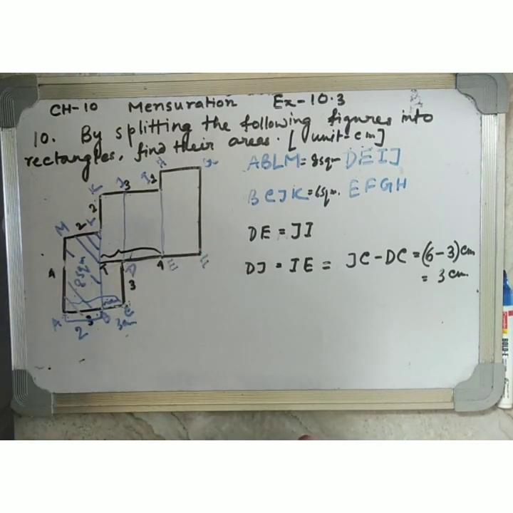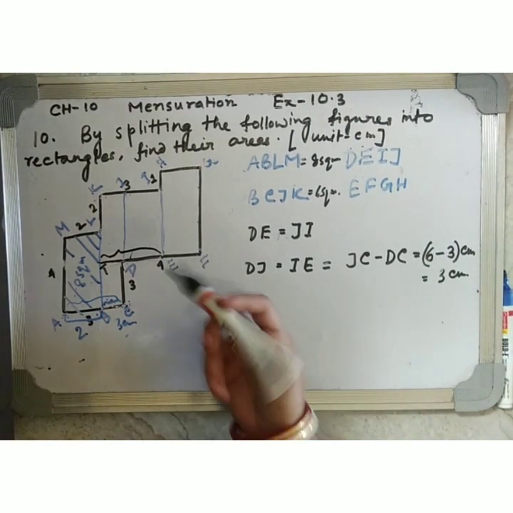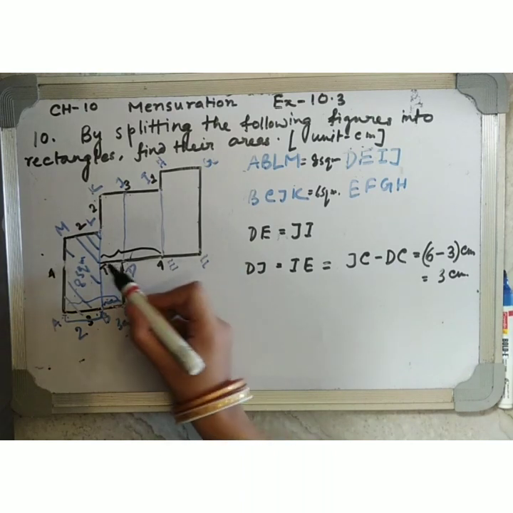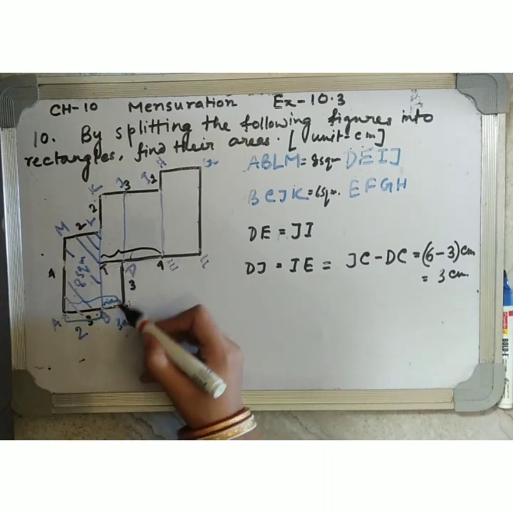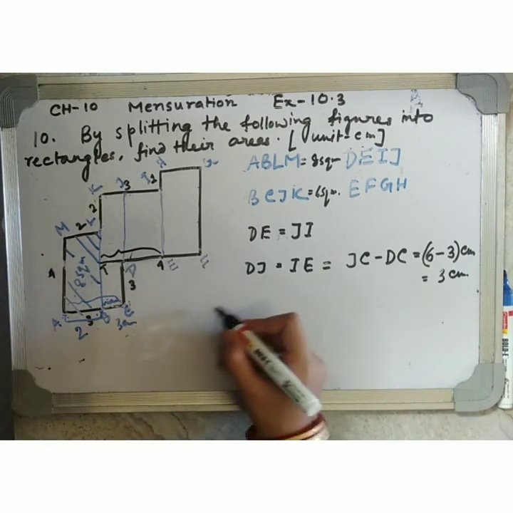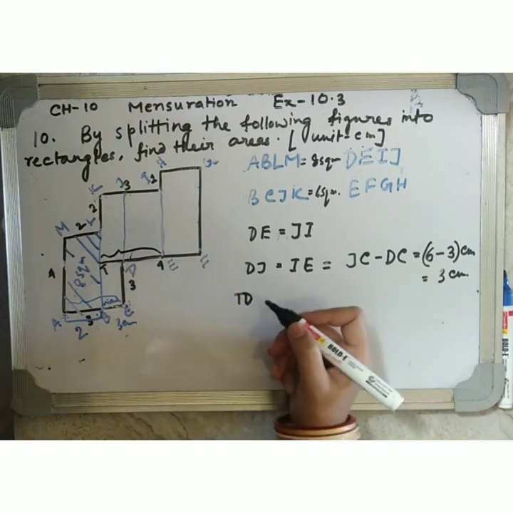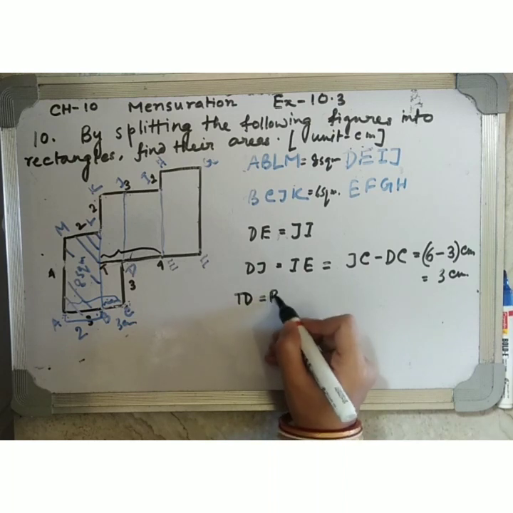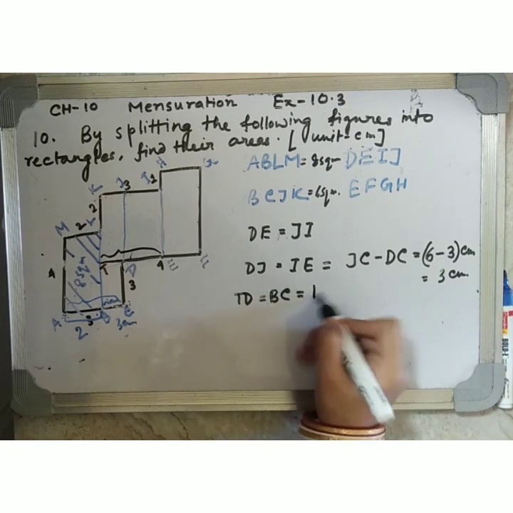Okay, now see, we know the length of this TD. How? Because BC and TD both are same in length. Okay, so if we find the length of TD, which is equal to length of BC, that is 1 centimeter.